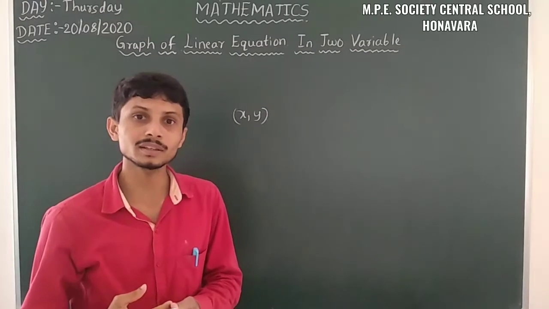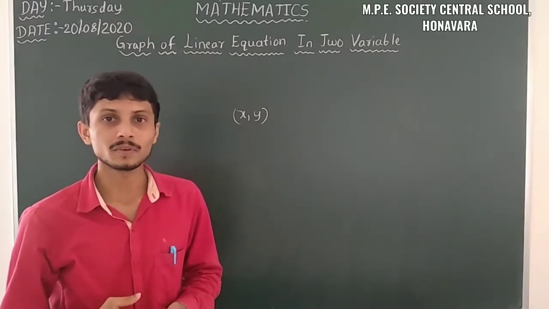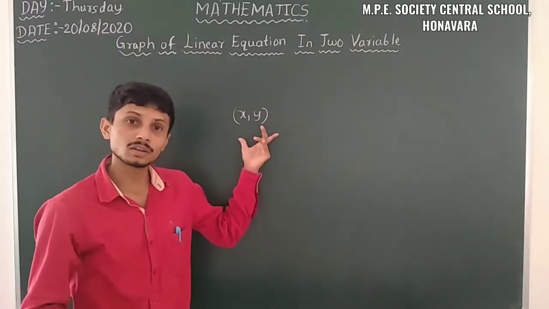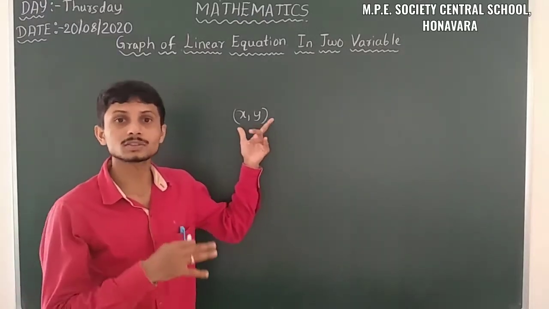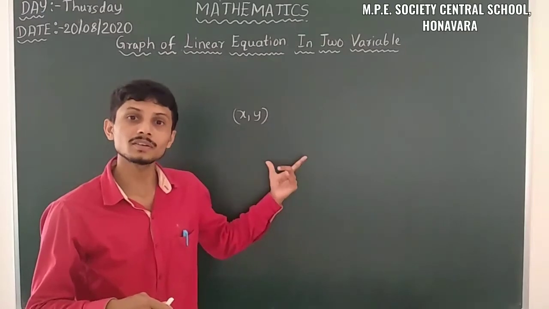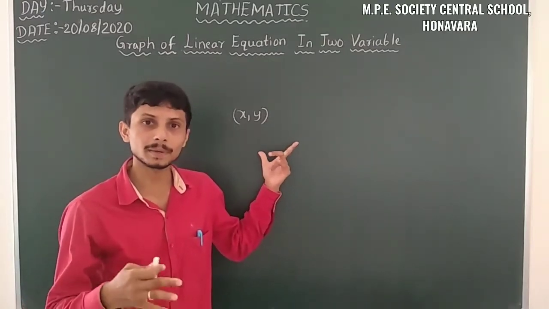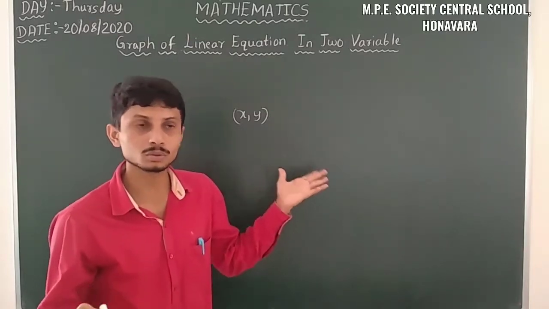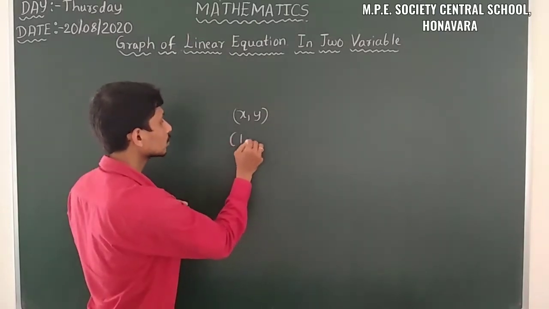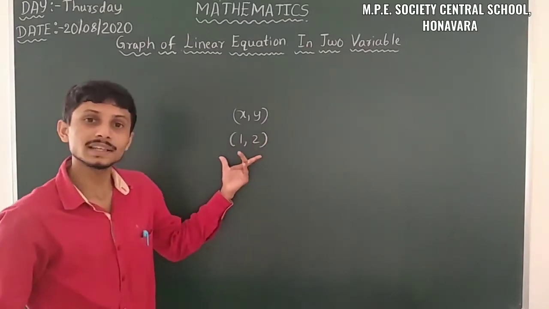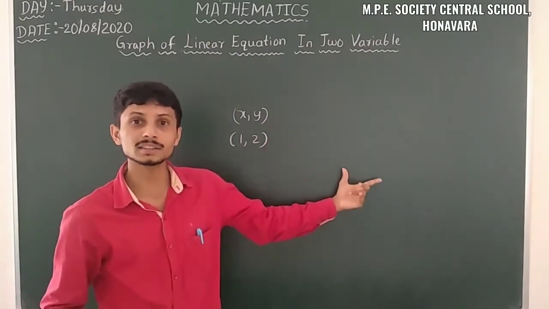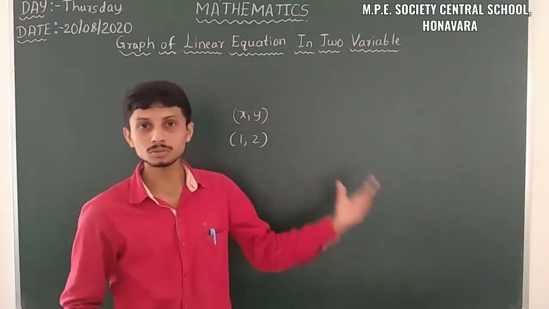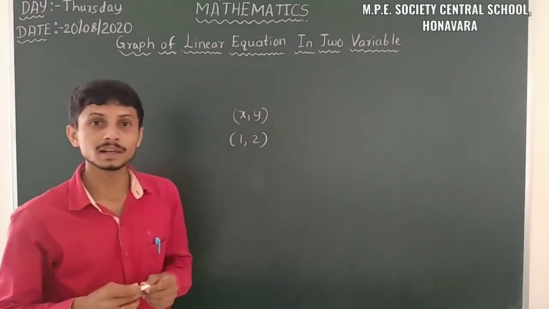That solution is in the form of x comma y. For example, when x is equal to 1, we get y is equal to 2, so we got the solution 1 comma 2. This can easily be located in the Cartesian plane.